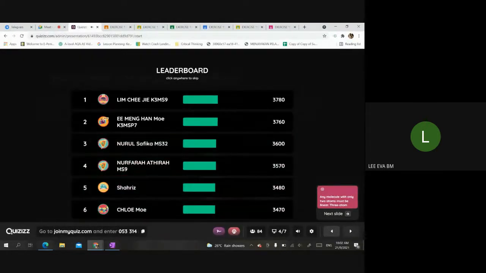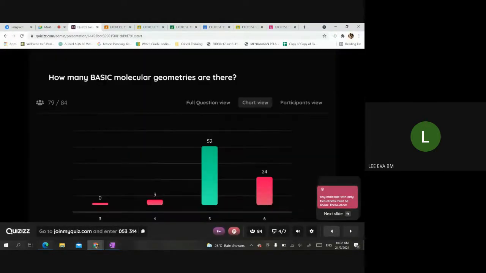Okay, well done. We have changing in the leaderboard here. 52 of you got it correct. Basic shape ada 5, maksudnya kita sub daripada 2 sampai 6: 2, 3, 4, 5, 6. 5 basic shape sahaja. Next questions.